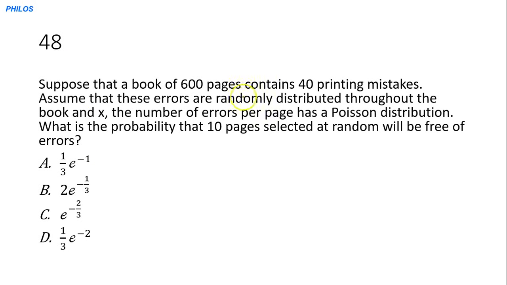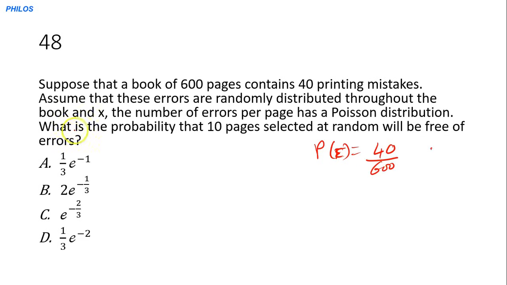Question 48. Suppose that a book of 600 pages contains 40 printing mistakes. Assume that these errors are randomly distributed throughout the book and X, the number of errors per page, has a Poisson distribution. What is the probability that 10 pages selected at random will be free of errors? So to solve this, probability that one page will contain an error should be equal to number of errors, which is 40, divided by the number of pages.